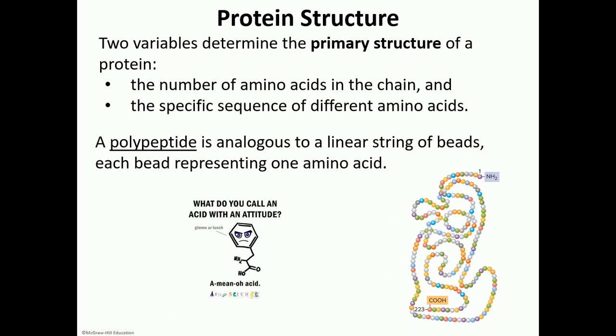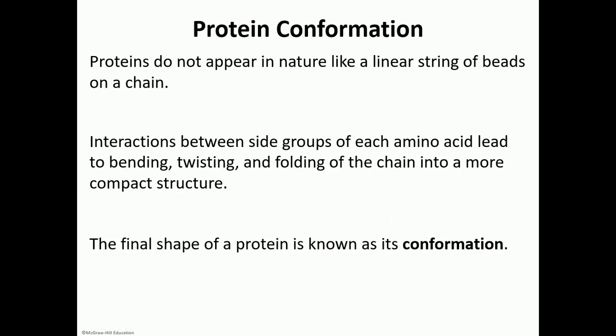And the bonds between these amino acids are known as peptide bonds. So your primary structure is basically the sequence of the amino acids. And we have that manual on how to make these proteins in our DNA. Okay, so that is your primary structure.